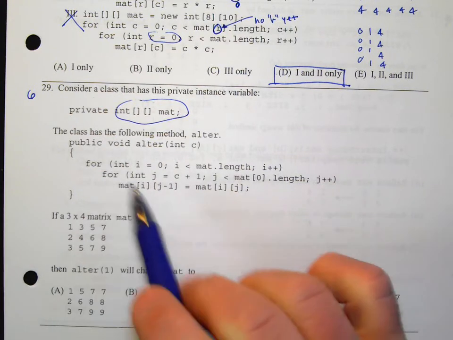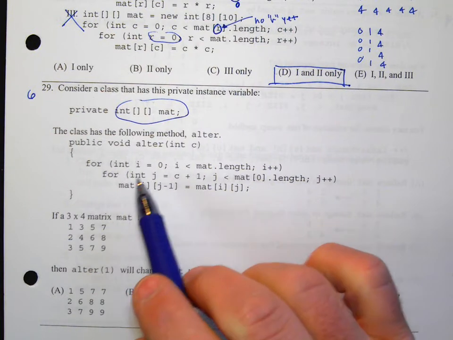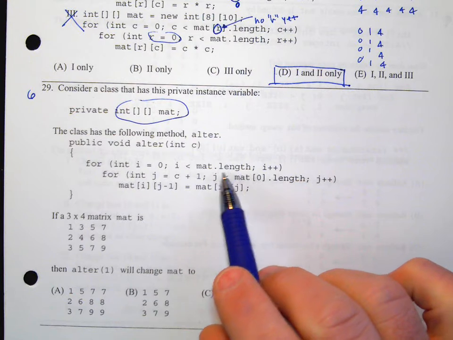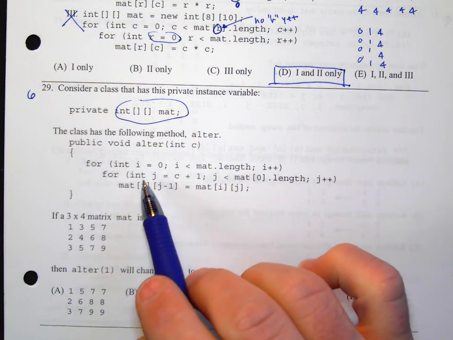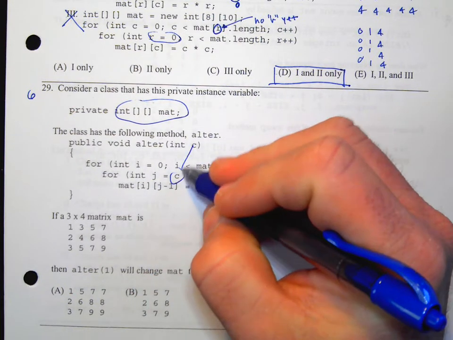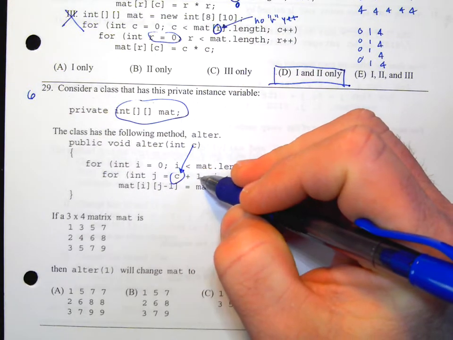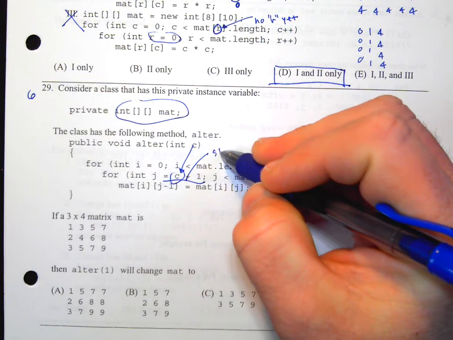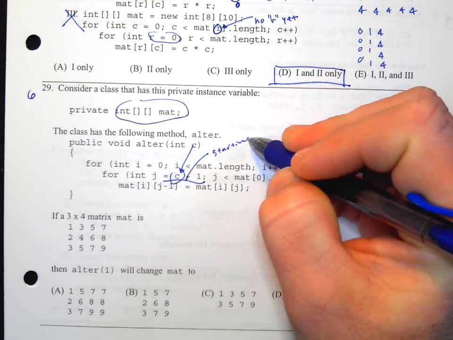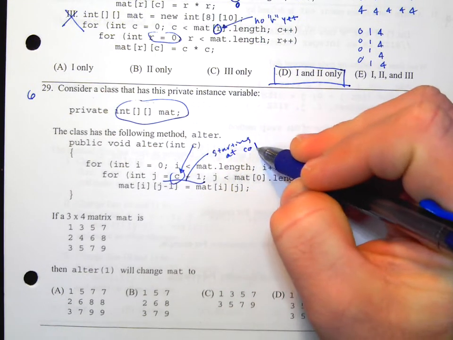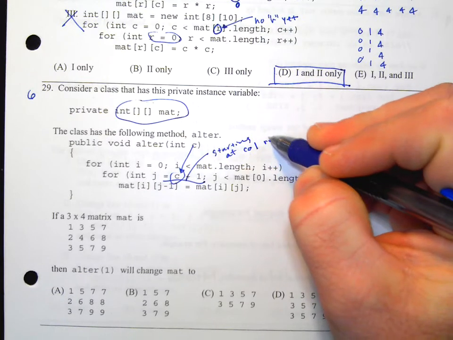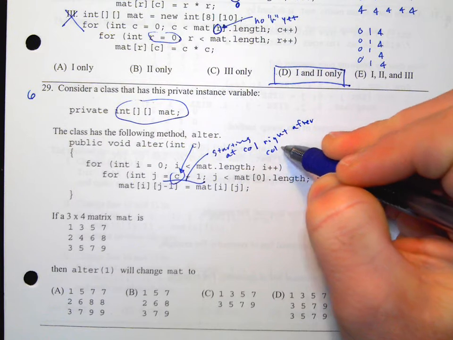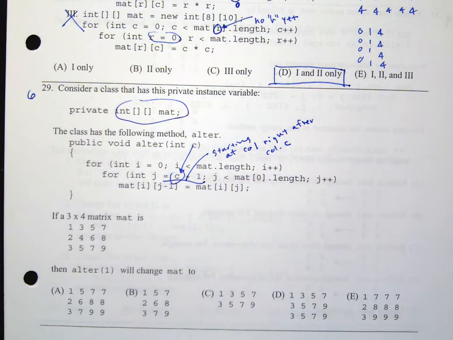Let's see if we can figure out what's happening before we even start looking at this. We might get a rough idea. It's going through all the rows, and it's going through the columns, but it's starting at the column right after column C. And then it goes to the end.